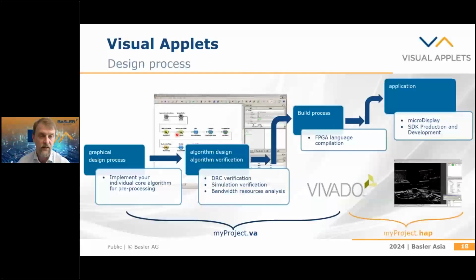The normal design flow is a graphical design process, designing and verifying your algorithm exactly as you require. Then we have a build process, but this is just a single click, and then you already have your application. You can attach the pre-processing very easily to your application by using an SDK.